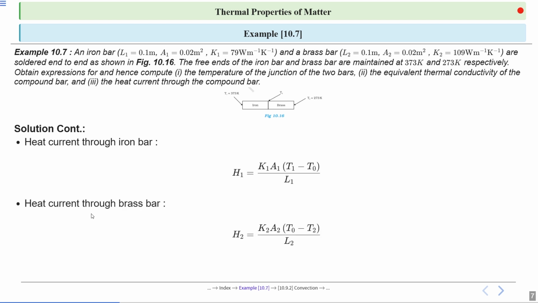Similarly, the heat current through the brass bar H2 equal to K2 A2 (T0 minus T2) divided by L2. So these are the formulas of the heat current through iron bar and brass bar. Using the given terms which we already discussed, put all terms in these formulas H1 and H2, and you will get the value of H1 and H2.